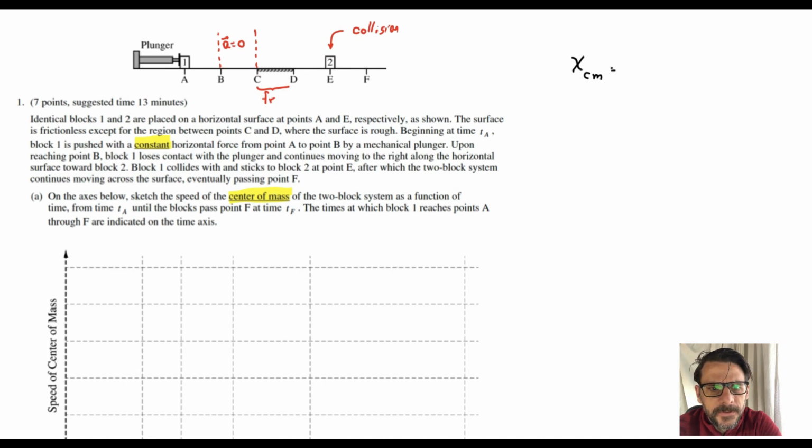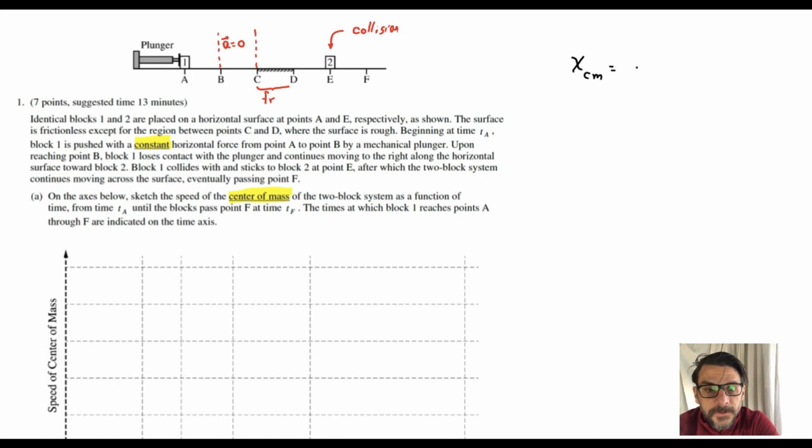How is the position of the center of mass calculated when we have a two-object system? These two masses are considered as punctual masses, so they just occupy one single point in space. The shape and size of those two objects is not considered.